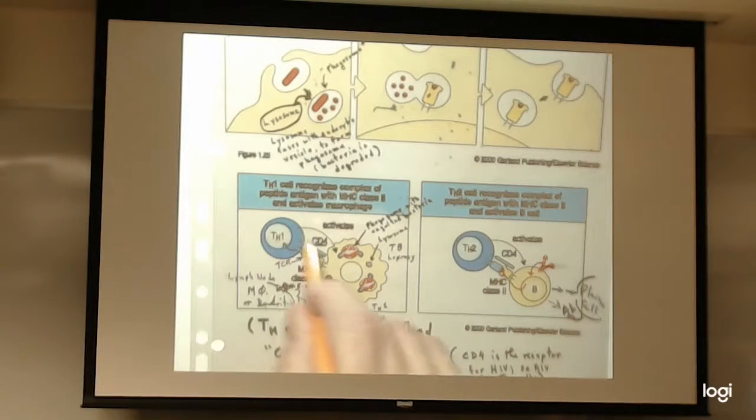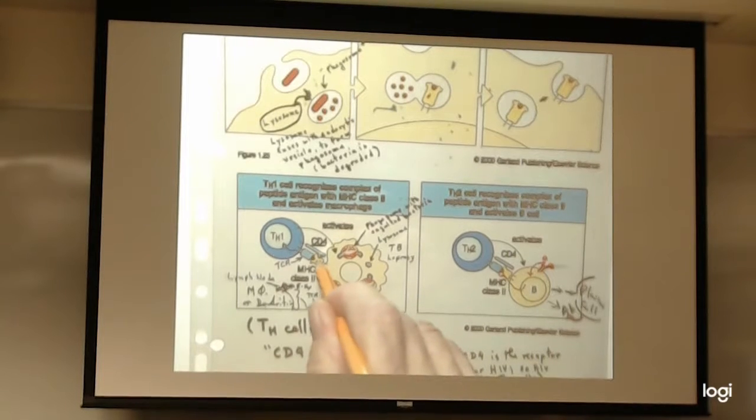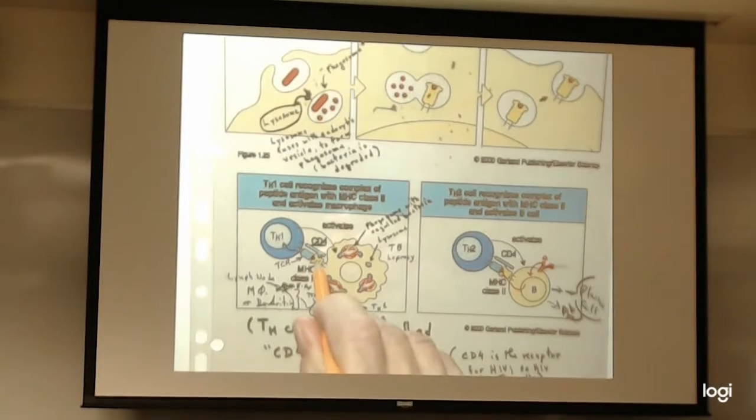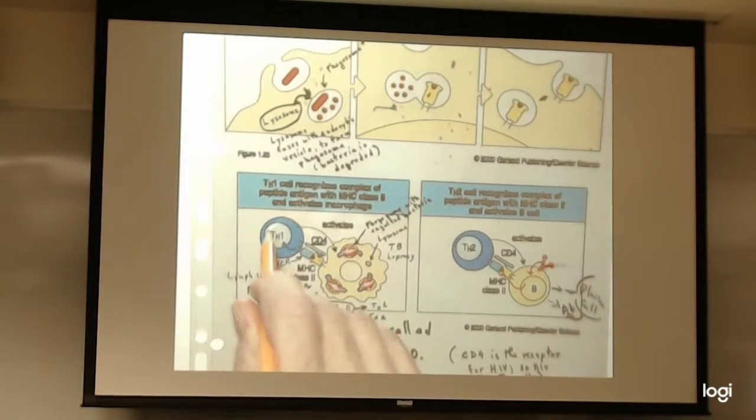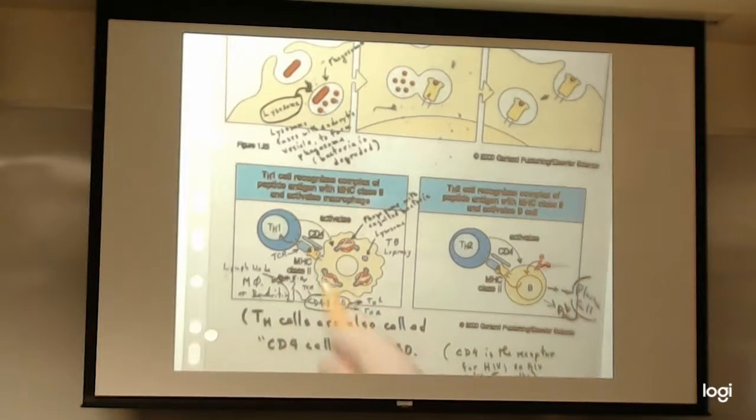The CD4 protein recognizes the base only of a class 2 MHC molecule. So CD4 cells can only interact with MHC2 proteins, and the CD8 T cells can only interact with class 1 expressing cells.